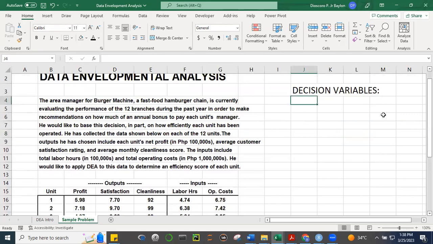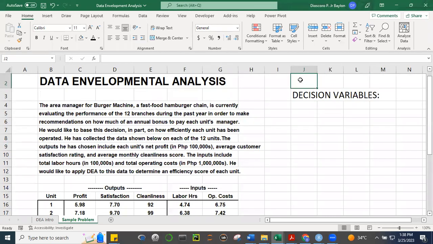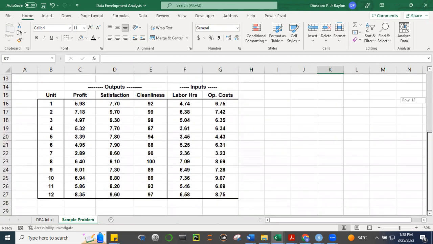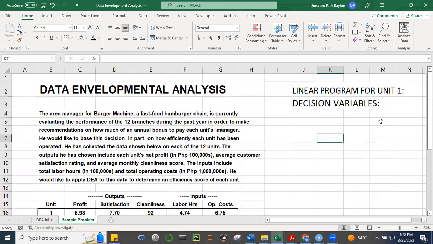And by the way, we are now creating the linear program for unit 1. Because there will be a different linear program for unit 2, a different linear program for unit 3, until unit number 12. So they will each have their own linear programs. So let's start first with the decision variables for unit 1. What are they?